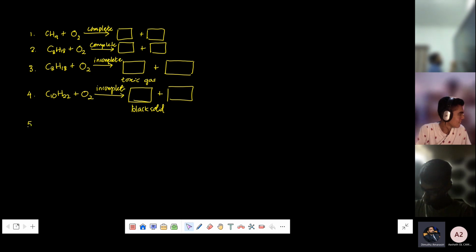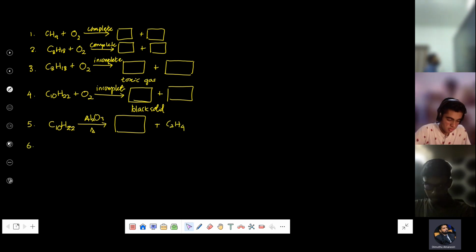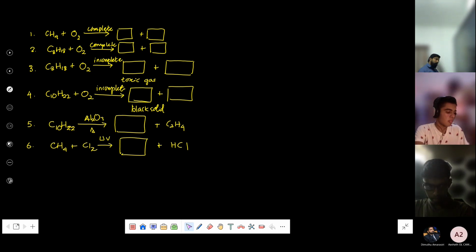Reaction number 5 is also a reaction of alkanes. It happens in the presence of alumina, heated. You get C2H4. Another reaction of alkanes.